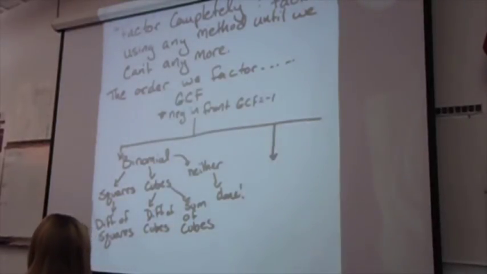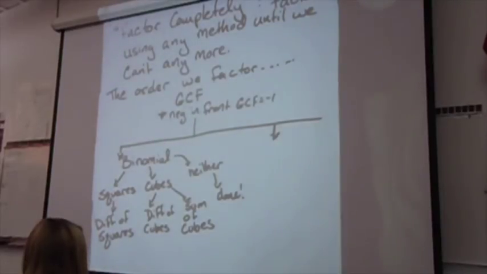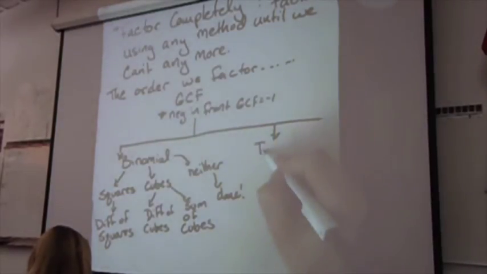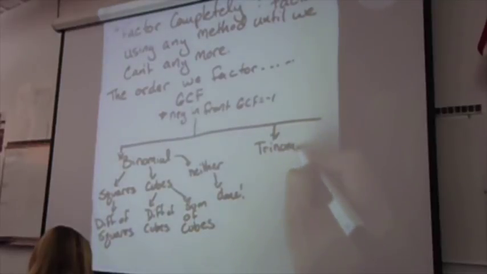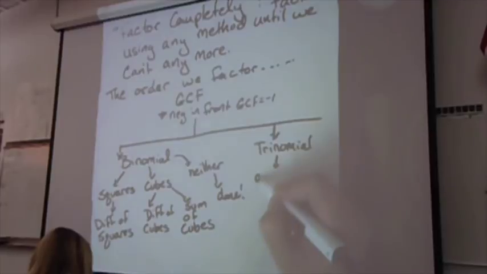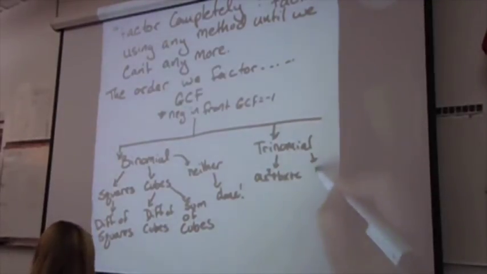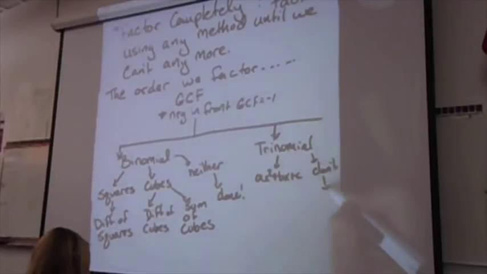Your next one, I don't know why I made that arrow so big. Your next one is if you have a trinomial. Very specifically, you have to have ax squared plus bx plus c. If you don't, then you're done.